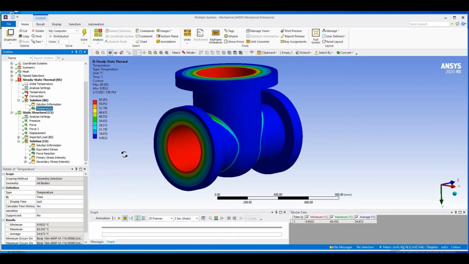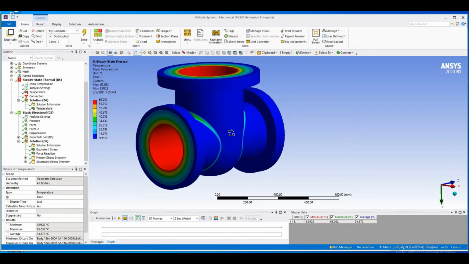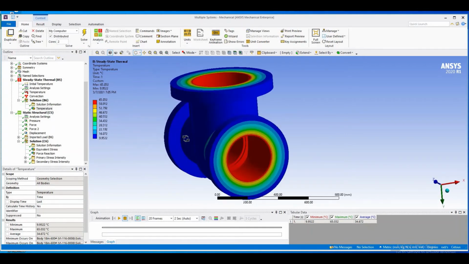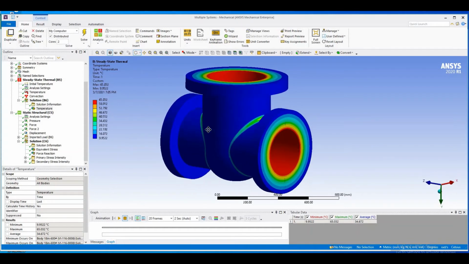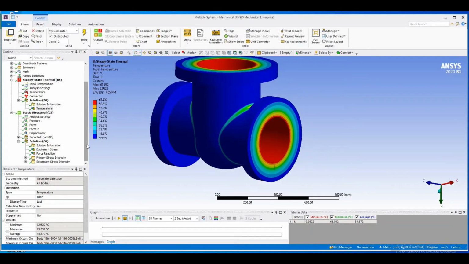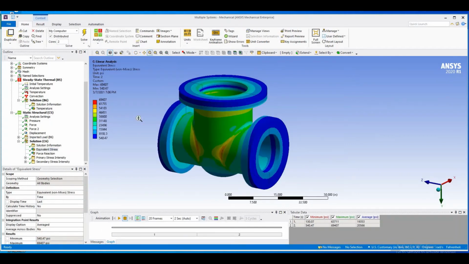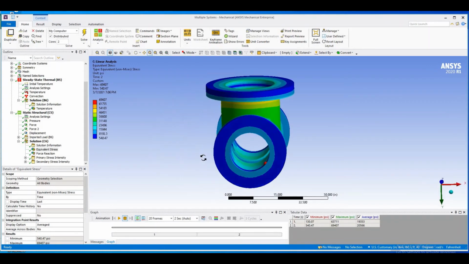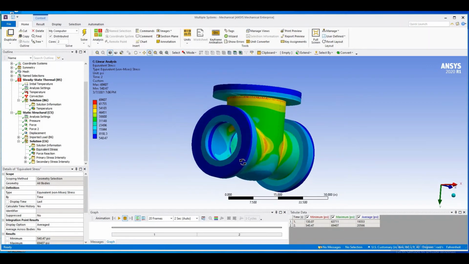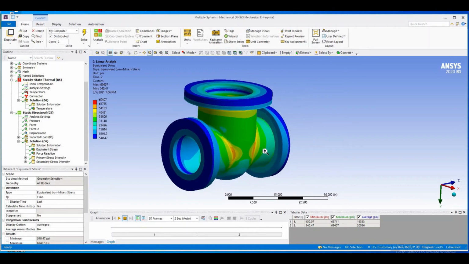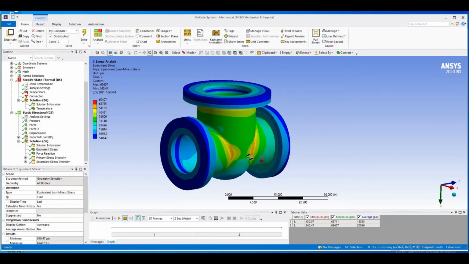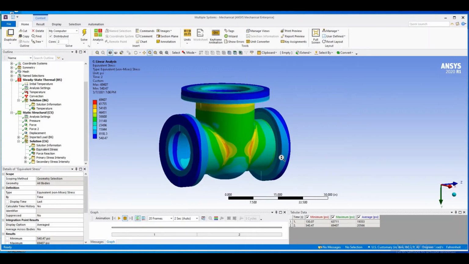Let's look at the results. So now we can see the temperature profile along the gate wall body. Move to static structural analysis. Here we have the equivalent stress along the gate wall body. For the integrity check as per API 6X, we need to check the stress intensity along the stress critical path.